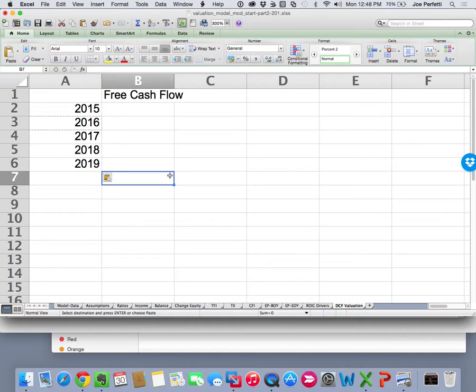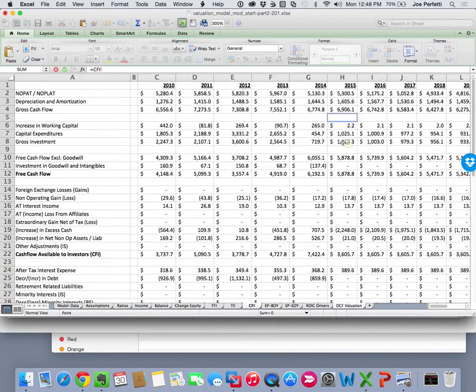And what I want is their free cash flow. For 2015, we have a forecast for free cash flow off the CFI. So equals, from my CFI tab, 2015 free cash flow, which is after goodwill, so H12.